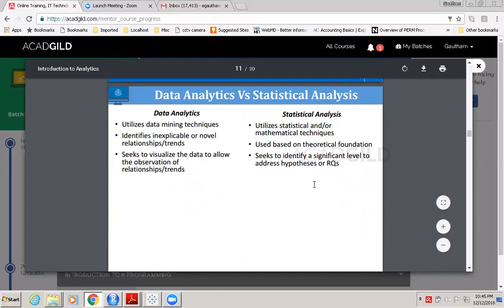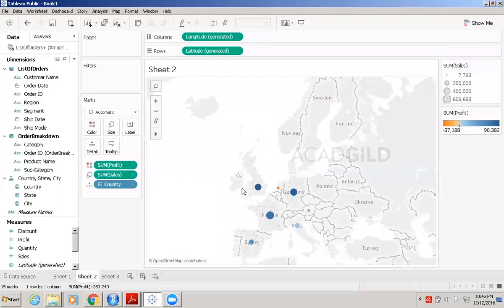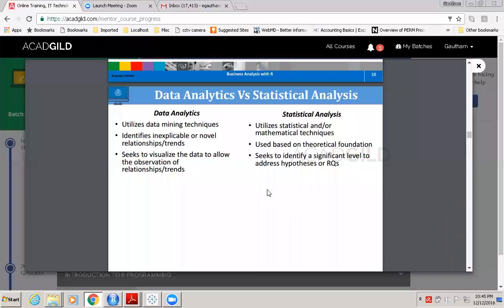Again, we have discussed this through our examples, data analysis versus statistical analysis. In data analysis, in simple examples, we have seen just by mining the data. This was a simple case of data analytics where we have just mined the data and analyzed it. Okay, what are the regions that are not doing good? What are the regions that are doing extremely good?